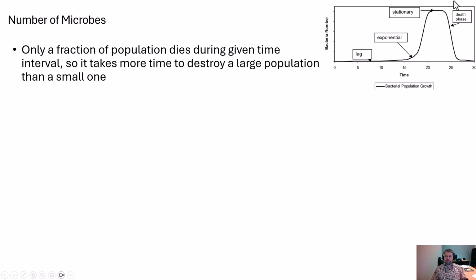And so often that kind of gets into the growth phases of microbes. So clearly, if we can figure out a microbe during the lag phase, then it's a lot easier to knock that population down to zero than if it's late in the exponential phase or even into the stationary phase before you identify what microbe it is.